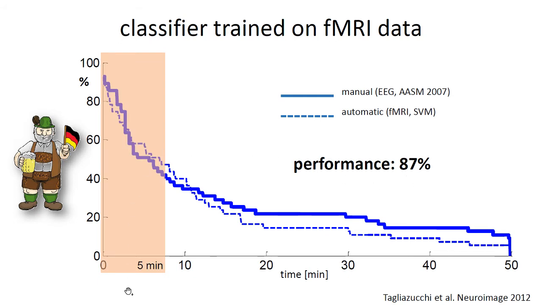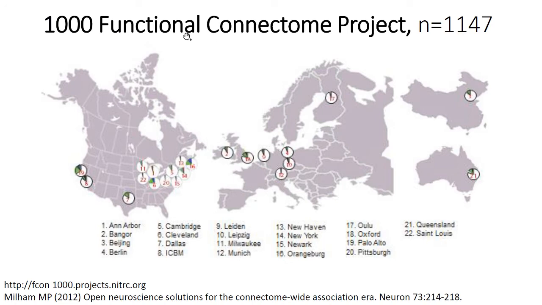So what we did is we focused on the length of a typical resting state experiment, between 5 and 10 minutes. And we downloaded data from all around the world, using the data kindly uploaded by different groups that is comprised in the 1000 Functional Connectomes Project. There are around 1,100 subjects in this dataset coming from all the cities here.